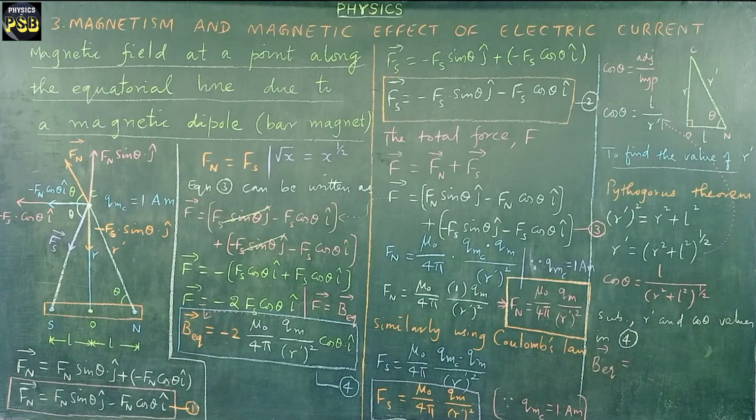Product field equal to minus mu naught upon 4 pi.